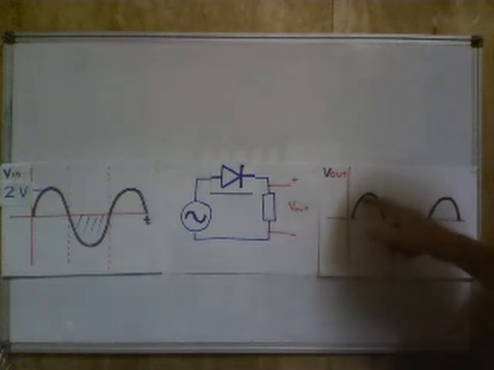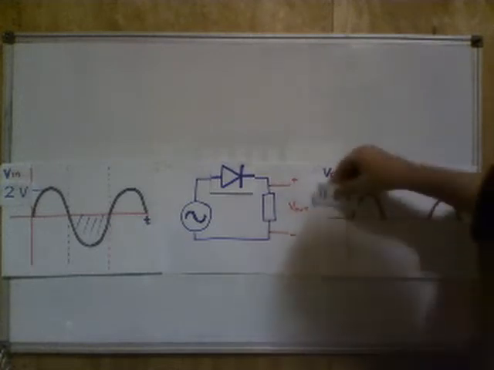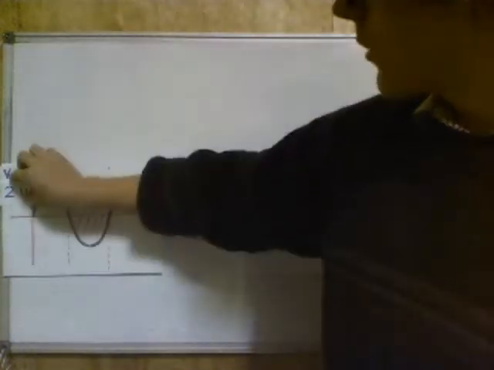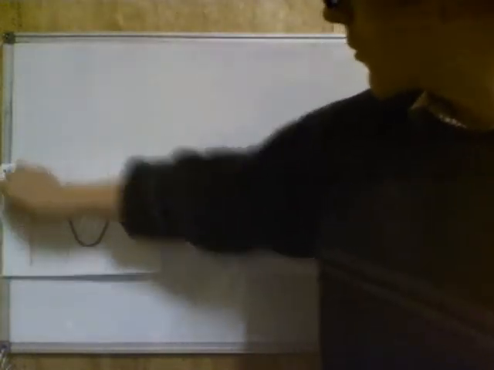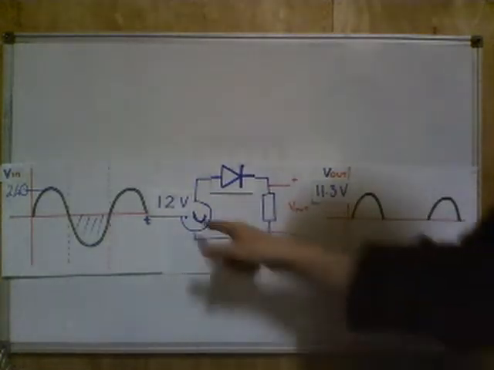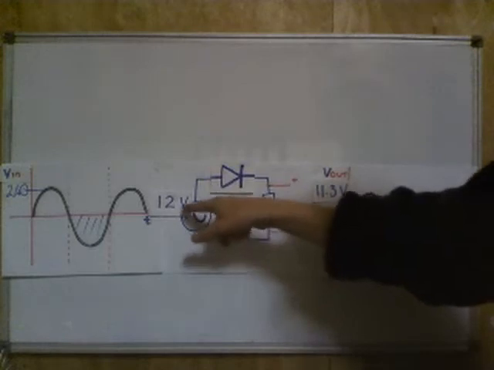As far as the magnitude, the peak voltage here, actually that's only going to be 11.3 volts. Why is that? Well, we can think about the situation where we have 12 volts at the input here. Just take that as a single example. What's going to happen?